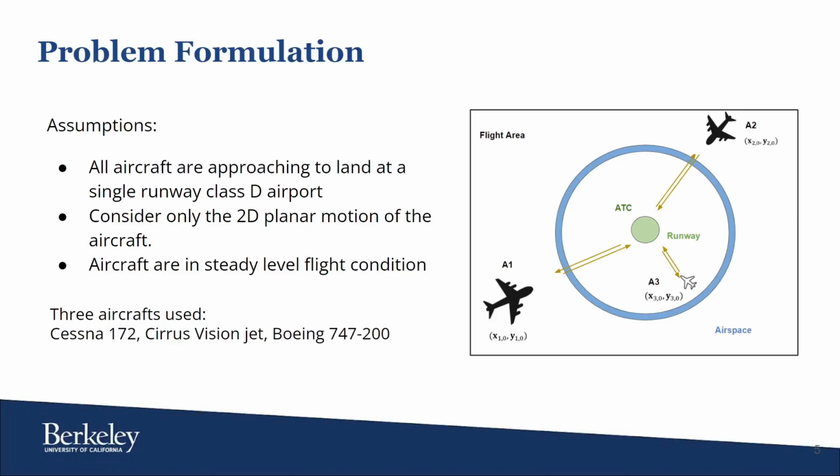From the figure, the initial position of each aircraft will be generated randomly in an area of 10 kilometers away from the airport. As all of the aircraft intend to land at the airport, an MPC will be designed to control the trajectory by using speed and heading angle as control inputs.